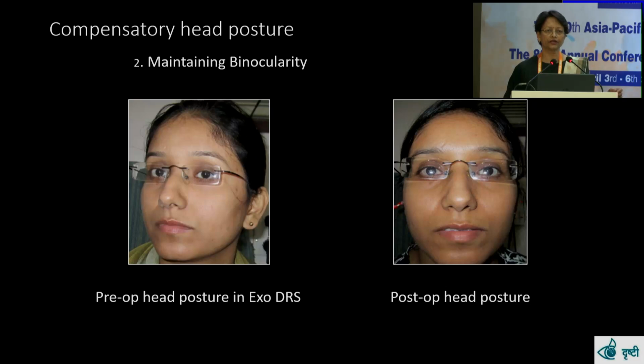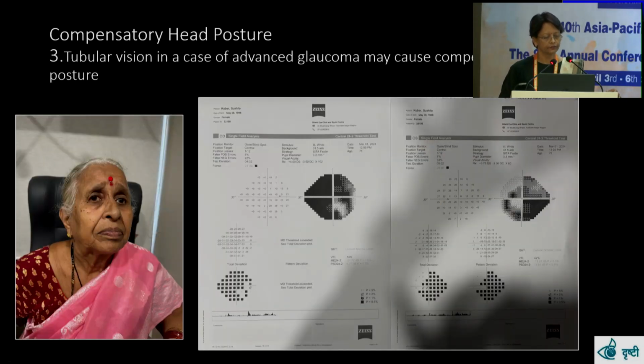Compensatory head posture is also for maintaining binocularity. As you can see in this girl, she had a head posture because of Duane's retraction syndrome, which is corrected after correcting her deviation.